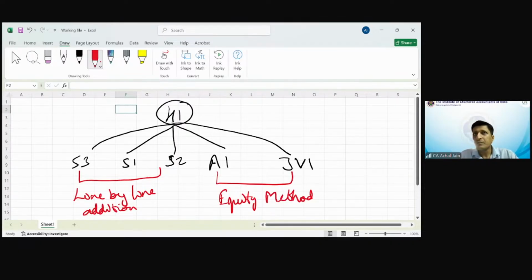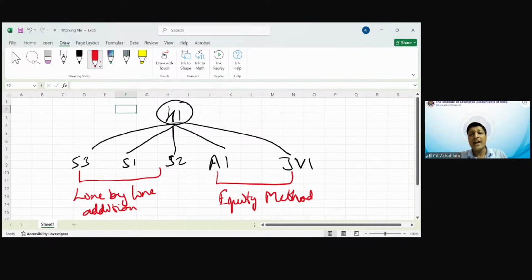Correct? Now for some time, maybe for another 10 to 15 minutes, we will be discussing mostly the accounting requirements. Why? Because as an auditor, you need to check whether these accounting requirements have been followed in an appropriate manner while preparing the CFS.